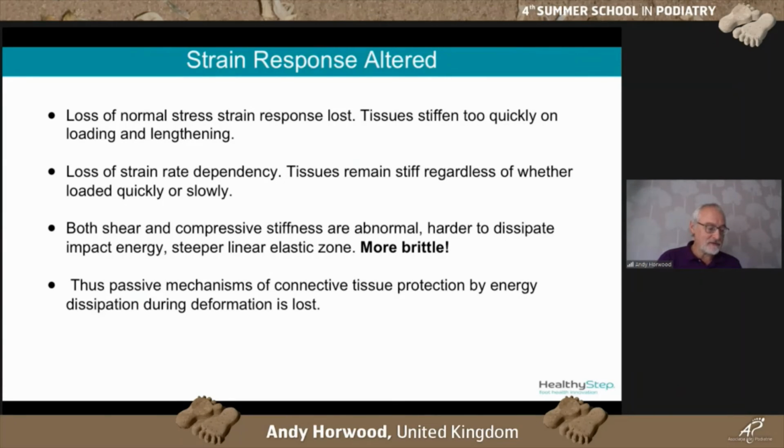Loading time strain rate dependency behavior is also changed, so that even at slow loading rates, the tissues are set too stiff. Both under shear and compression, diabetic connective tissues present a steeper linear elastic zone, which means effectively their tissues have become more brittle. This makes it difficult for diabetics to dissipate and store energy without tissue damage.